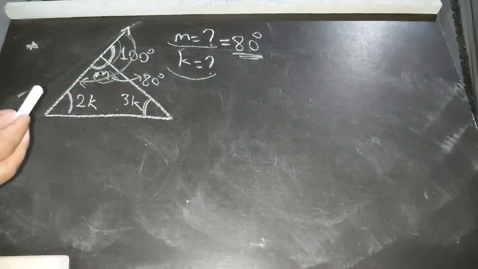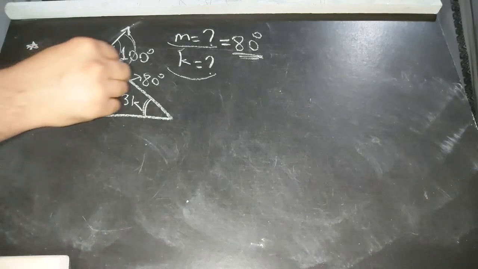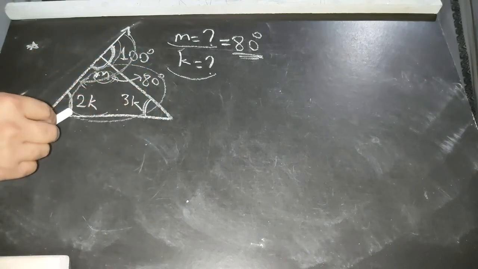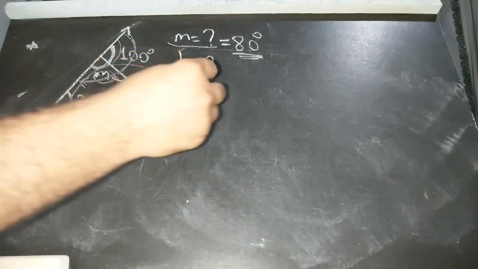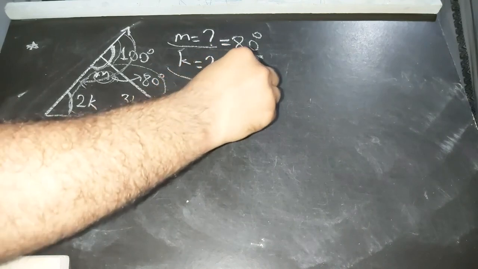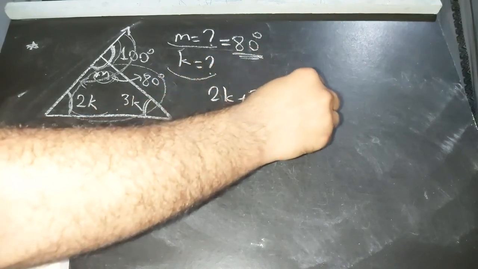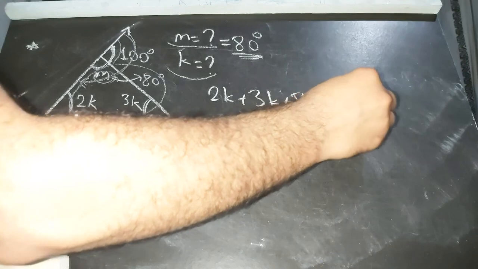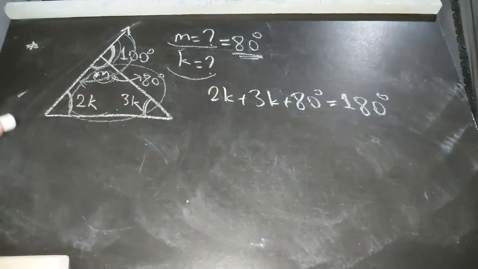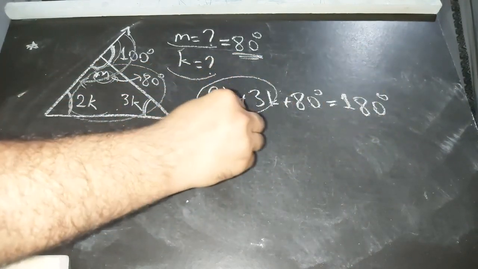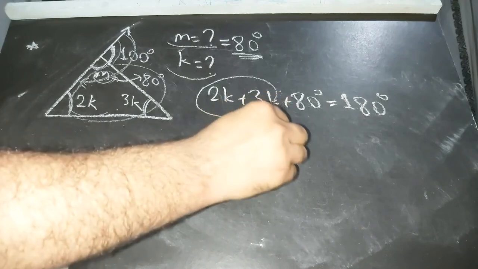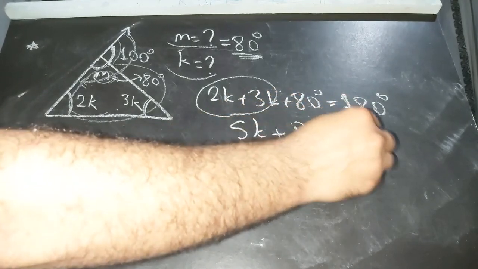Okay, so what I am going to do is that I will add those three to each other and equalize to 180. 2k plus 3k plus 80 equals 180. This will be 5k plus 80 equals 180.